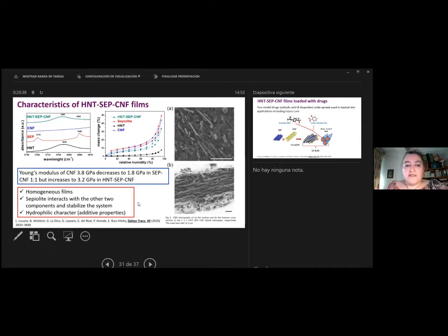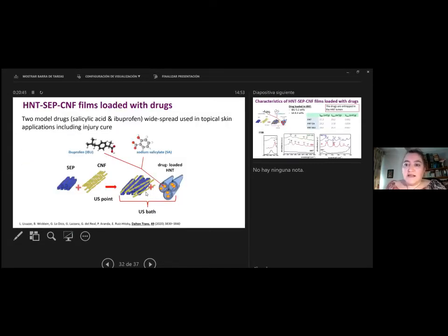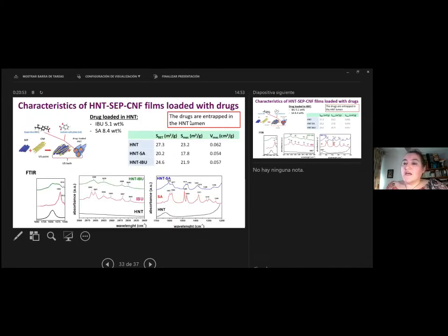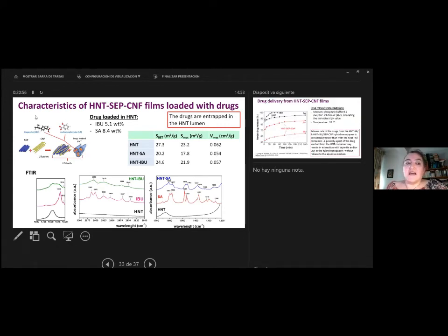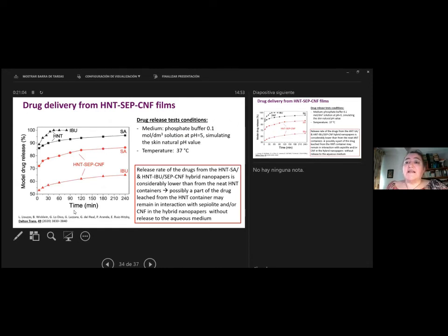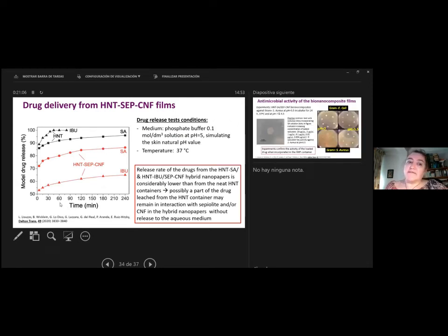With this kind of system, we can use, as I said before, the halloysite nanotubes for incorporation of active or bioactive molecules. We chose, for instance, ibuprofen and sodium salicylate, and we were able to prepare materials in which the drug is loaded in the halloysite, and then the halloysite is combined with the other two nanoparticle materials. Like this, we have systems that can deliver the bioactive molecules.